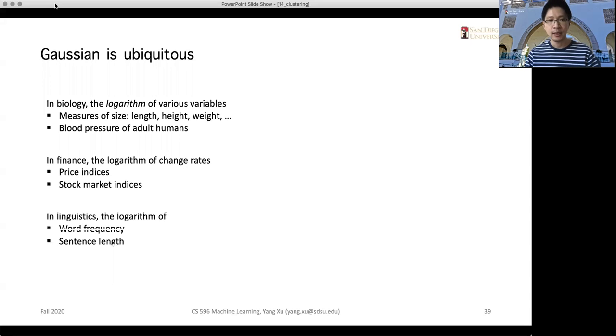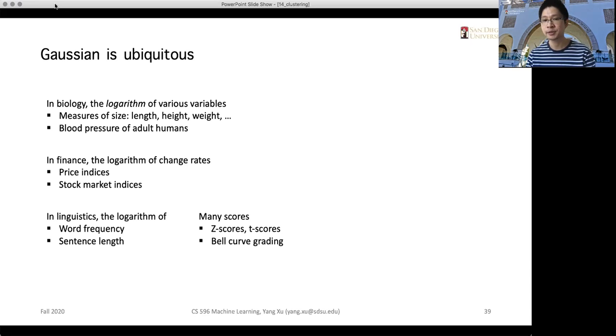And many other variables listed here, like the stock market price, and also in language, the frequency of words, the length of sentences. After we take the logarithm of them, they all present distributions which are very close to Gaussian distribution or normal distribution.